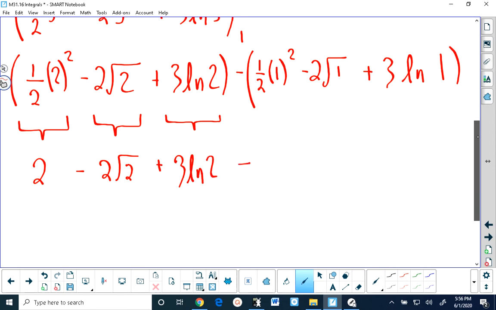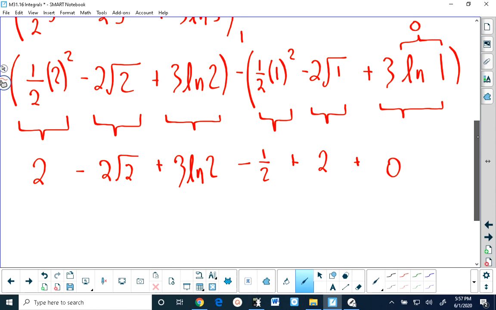Then we have minus, this term is 1/2. Then we have minus a negative, and this is 2. Then we have plus 0, because the natural logarithm of 1 is 0.